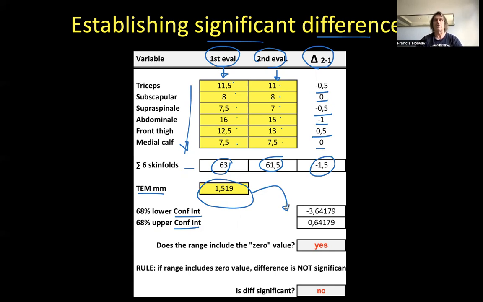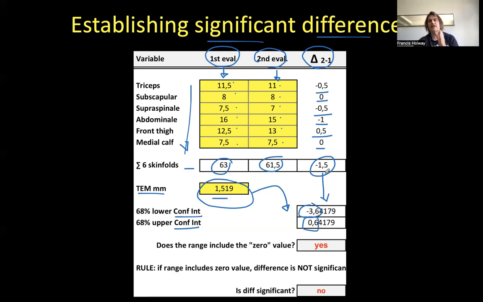And what does that mean? It means that with a 68% confidence, the average difference was minus 1.5 millimeters, but the difference could have been as high as minus 3.6 millimeters, or it could have been as high as plus 0.6 millimeters, okay?